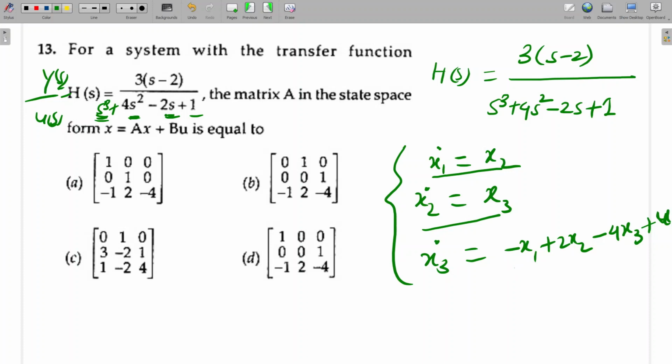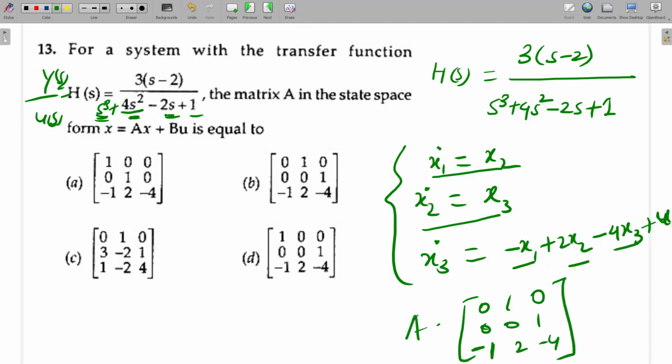So minus x1, plus 2x2, and here it will be minus 4x3. So our matrix will be 0 1 0, 0 0 1 and minus 1 2 minus 4. So the A matrix will be this one. Is it clear?